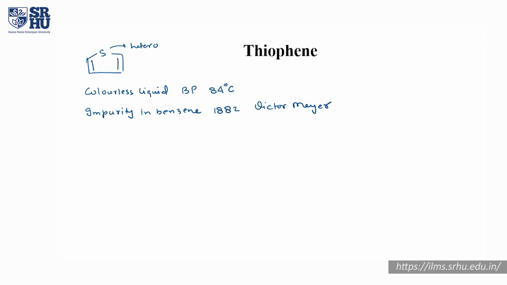Okay, it also contains pi bonds, pi electrons, so it's also a pi excessive aromatic heterocyclic. Okay, now let's see the methods of preparation, MOPs, of thiophene.